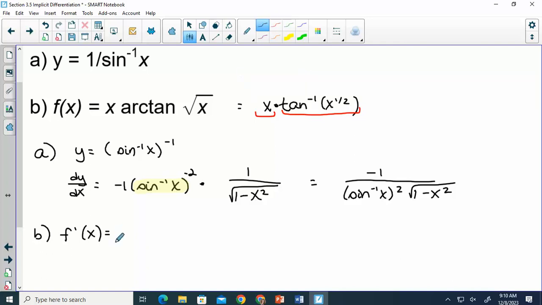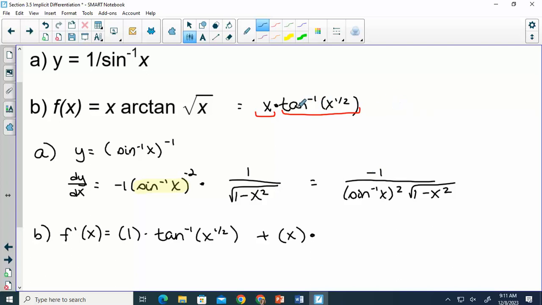So product rule, derivative of the first times the second plus the first times derivative of the second. And this is the point where we're going to have to do our chain rule.